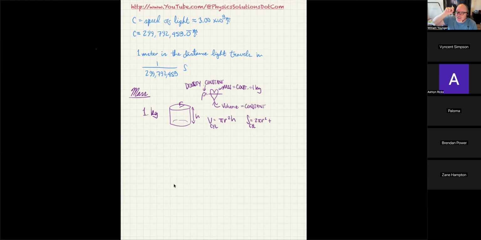If you imagine it rolled out like a rectangle, it would have a width that's the circumference of the cylinder, and it would have a height that's h. So we know that that is 2 times pi times r, because that's the formula for the circumference. And then we multiply that circumference times h, and that's our surface area problem.